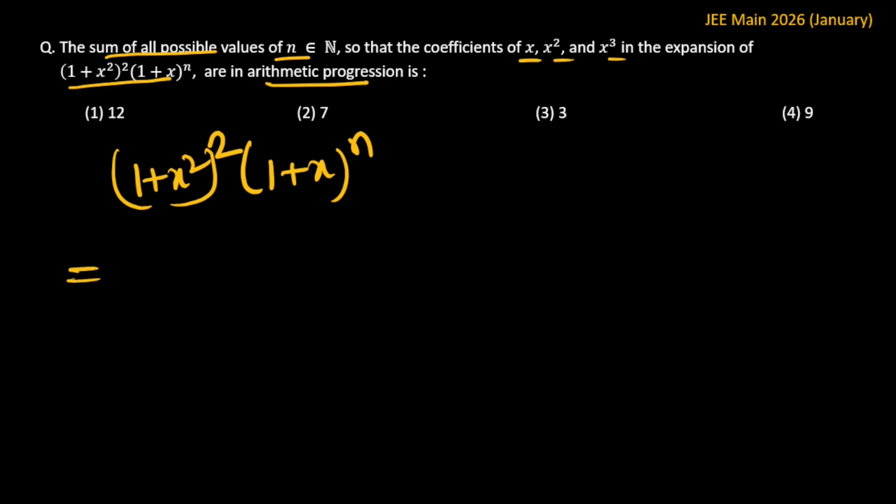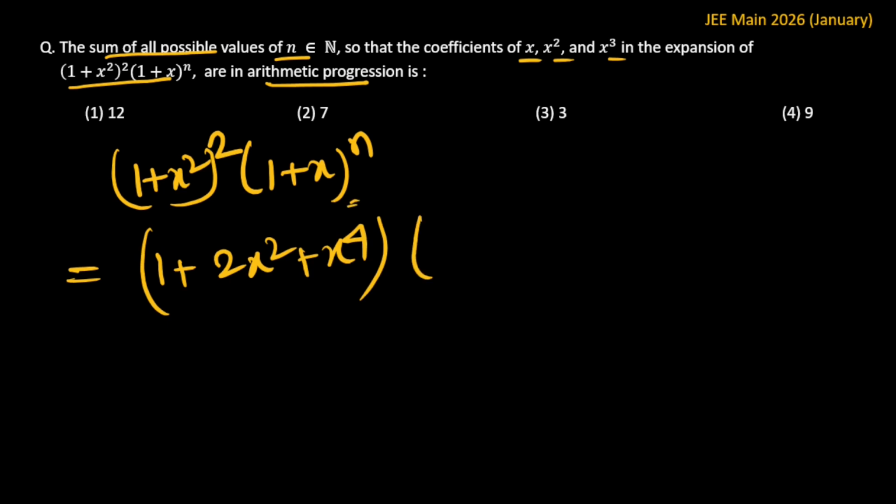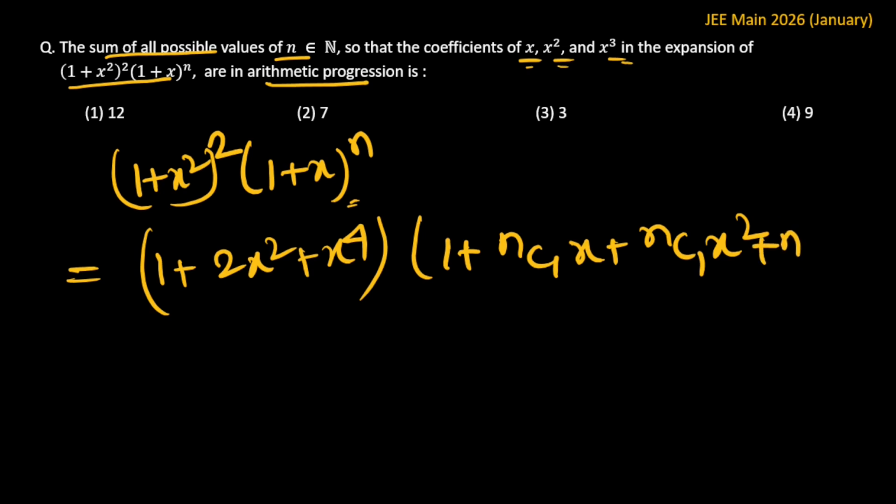So we expand this expression, 1 plus 2x square plus x power 4, using the (a plus b) whole square formula, and expand the other in binomial expression: 1 plus nC1 x plus nC2 x square. We need the coefficients of x, x square and x cube, so we expand up to x cube, and that is nC3 x cube, and the last term is x power n.